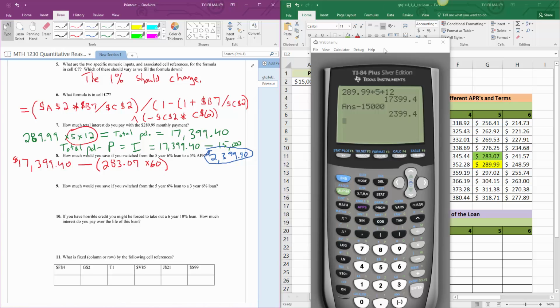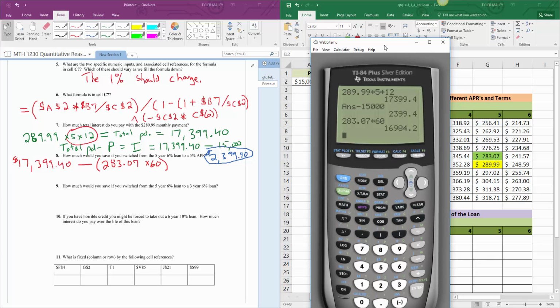So if I go back to my calculator and take 283.07 times 60, this would give me the amount that I would pay total if I had the 5% loan.